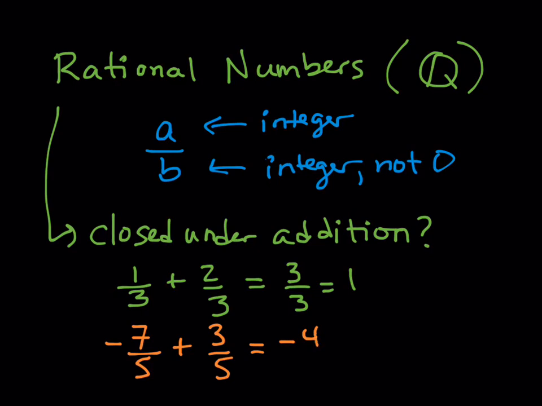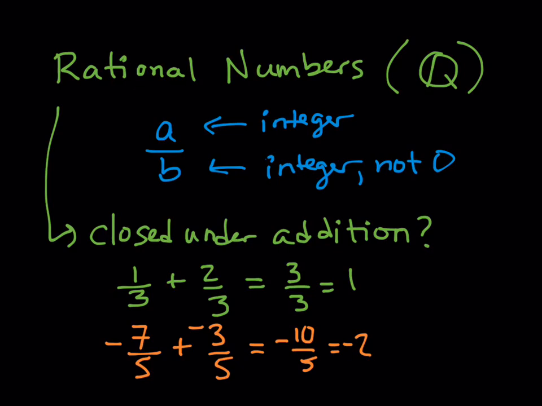Alright, and that would be -4/5. So that's still a rational number. What about if both fractions were negative? If I had -7/5 plus -3/5, then we would have -10/5 or -2, and that's still rational.